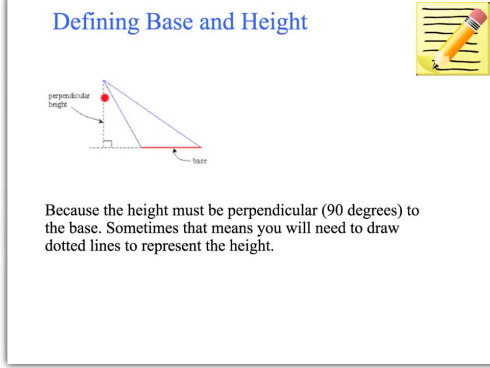If you draw a straight line down at right angles to the base, it won't actually be any part of the triangle. However, what we do is we just draw the dotted lines out from the base and intersecting with the vertex, and then that would make it perpendicular to the base. Okay, and that is the height you must measure.